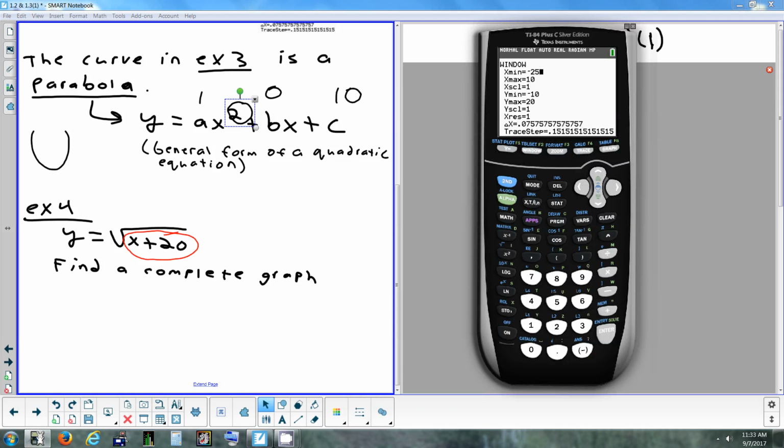Yeah, there is no highest number. X max could be as high as you want. You could plug in 1,000,000, take the square root of 1,020,000, plug in 1,000,000,000. There is no limit. So what should I set X max to? I don't want to go too high. I mean, 10 is probably enough that I'm going to get the idea of what this looks like.